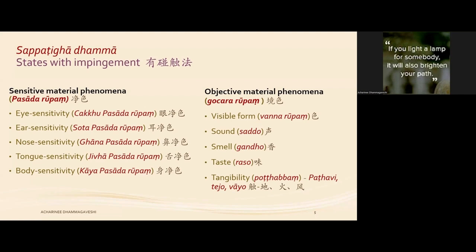And finally, tangibility, phoṭṭhabba. Here we have the three: pathavi, tejo, vayu, earth, fire and wind elements. These will come into contact with kaya pasada rūpa, body sensitivity. All of these that we have mentioned here are called Sappaṭighā dhammā, states with impingement.